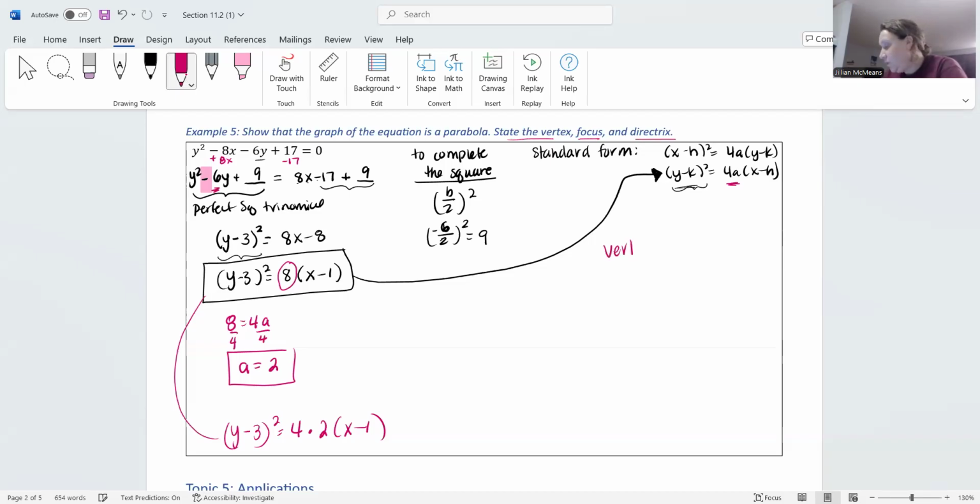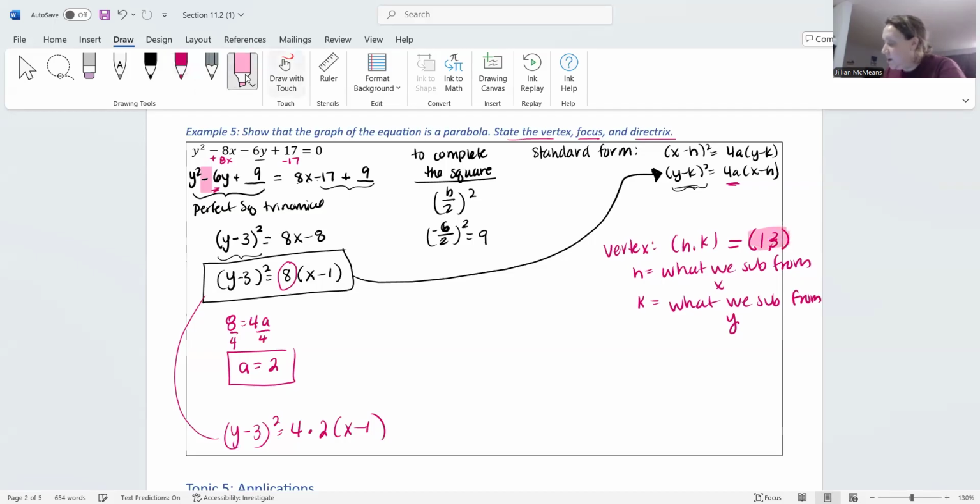Remember, vertex is always going to be of the form (h, k), where h is what we subtract from x, and k is what we subtract from y. Okay, so that would tell me that my vertex is very officially what I subtract from x was 1, and what I subtract from y was 3.